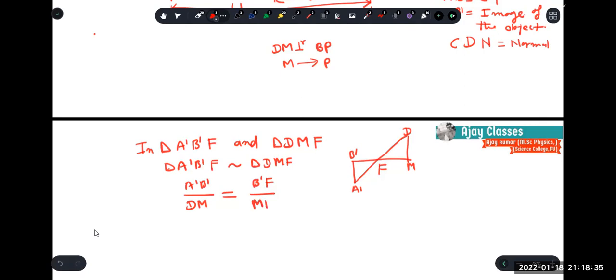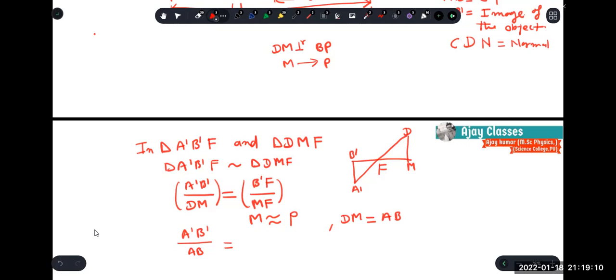The ratio of the two sides is equal for similar triangles, and because the point M is very close to the point P, we will write here A dash B dash, which is the size of the image, over DM, which is equal to the size of the object. So we will write here AB.